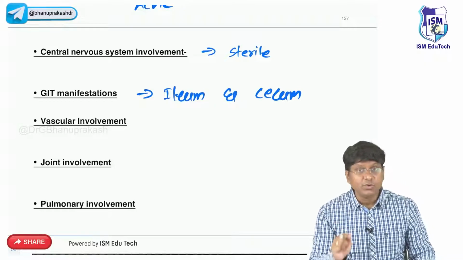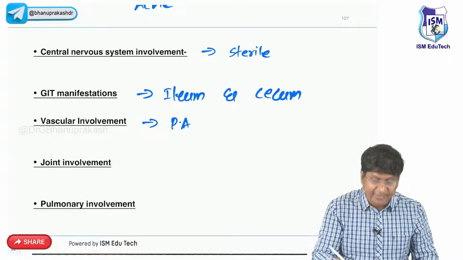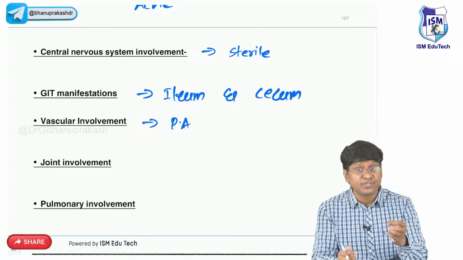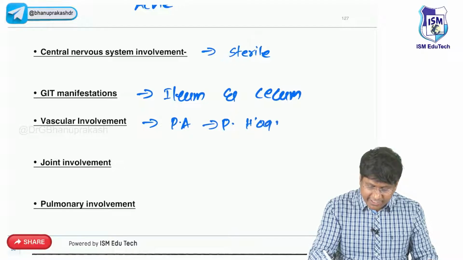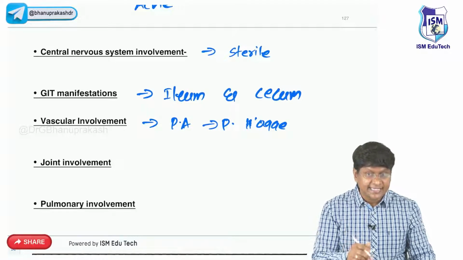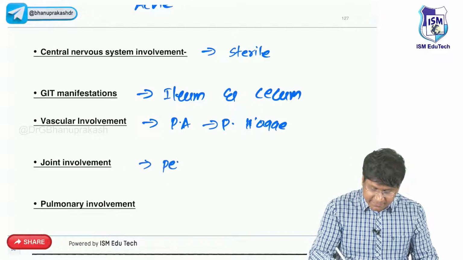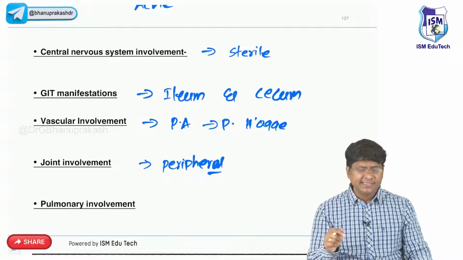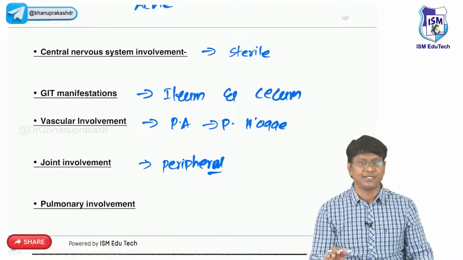Then vascular involvement. There will be involvement of the pulmonary artery causing pulmonary artery aneurysm. And if this pulmonary artery aneurysm ruptures, there can be development of pulmonary hemorrhage in these individuals. And there is also involvement of the joints in Behcet's: peripheral arthritis, either monoarticular or polyarticular, right?